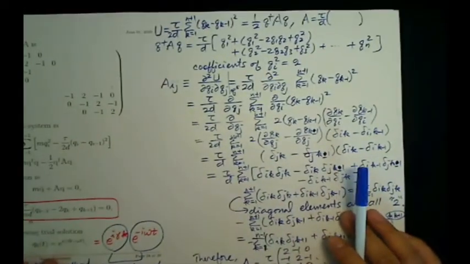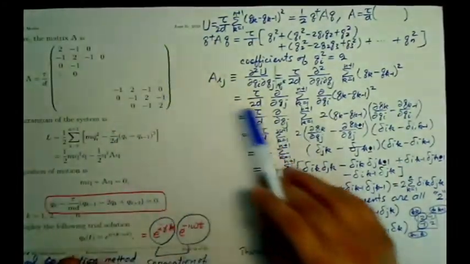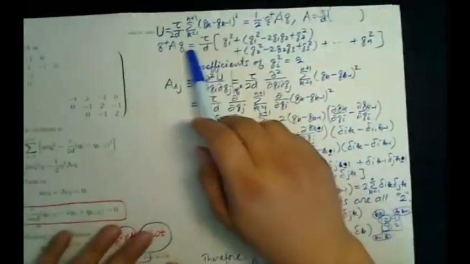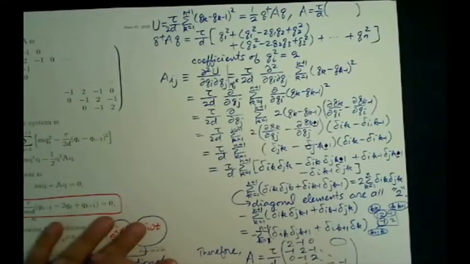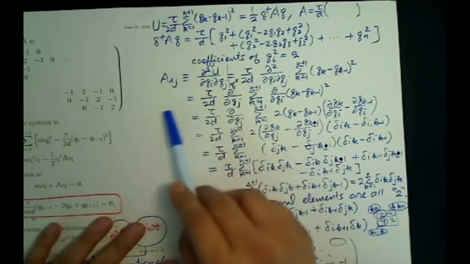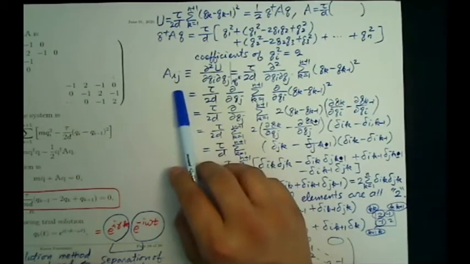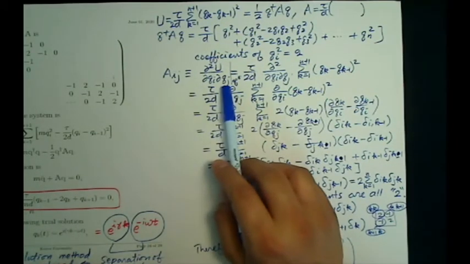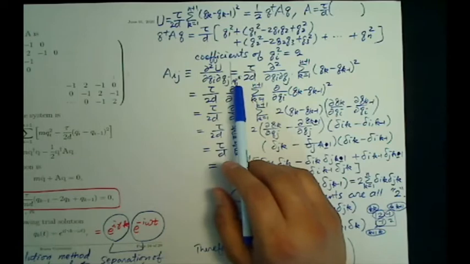Okay, let us check if this is true. We have already obtained the expression for the potential energy, and by definition, the element A_ij of the potential energy tensor can be computed by taking the double partial derivative with respect to the two coordinates qi and qj, and substituting the equilibrium position q equals 0.